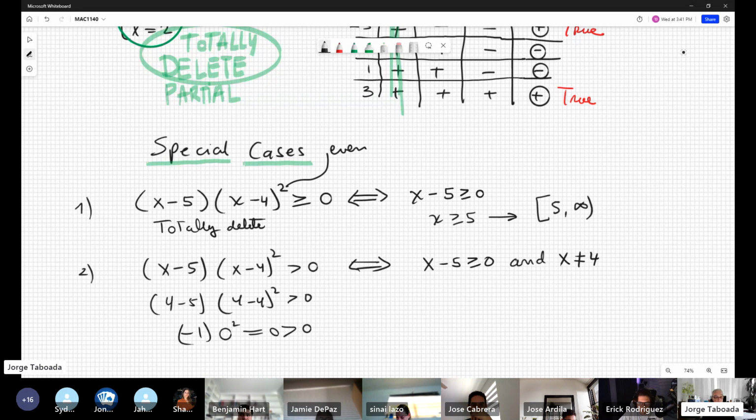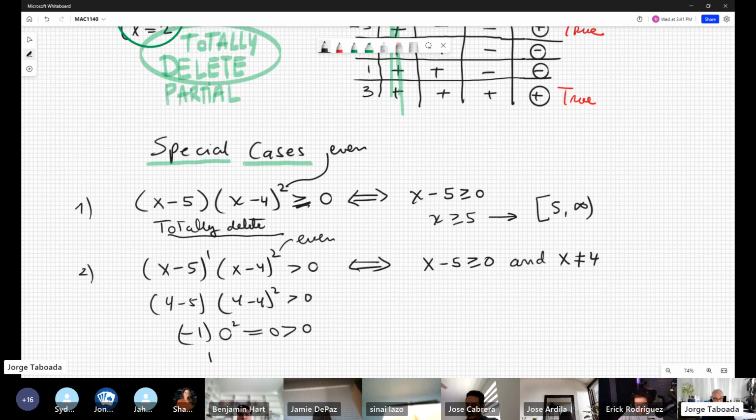In this case, partial delete. How do you partially delete? You copy the factor that contains an odd exponent, like this one, but you exclude the factor containing the even exponent by enforcing the restriction x not equal to 4. So when there's an equal sign, you totally delete.